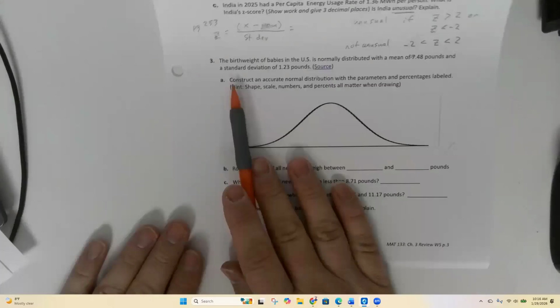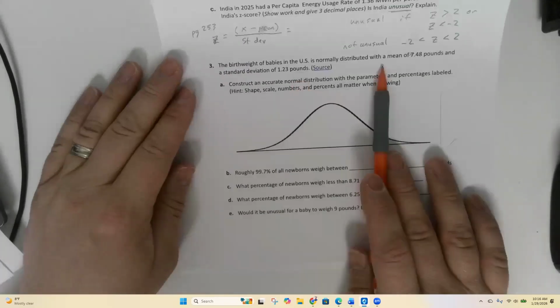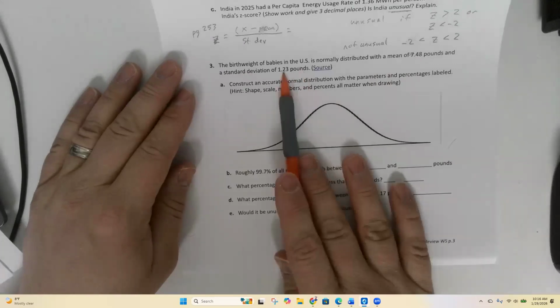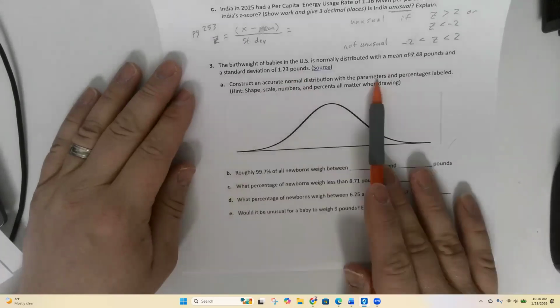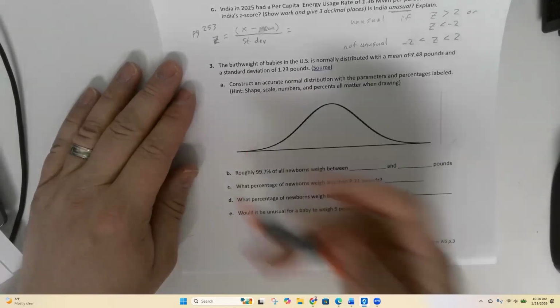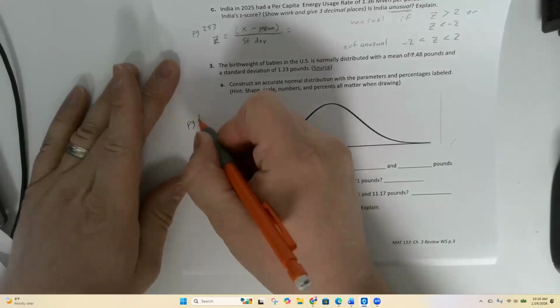Question number 3. Birth rate of babies in the US is normally distributed with a mean of 7.48 and a standard deviation of 1.23. Construct an accurate normal distribution with the parameter and percentages labeled below. You'll find the labels that you need on page 253.